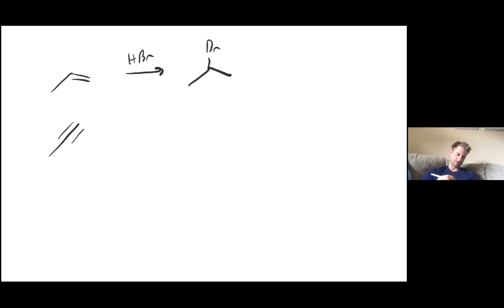Triple bond, adding in HBr, so our Br ends up at our more substituted position, the secondary one, and our H ended up at our less substituted position. With this alkyne here, we're going to have the same thing happen if we add an HBr.